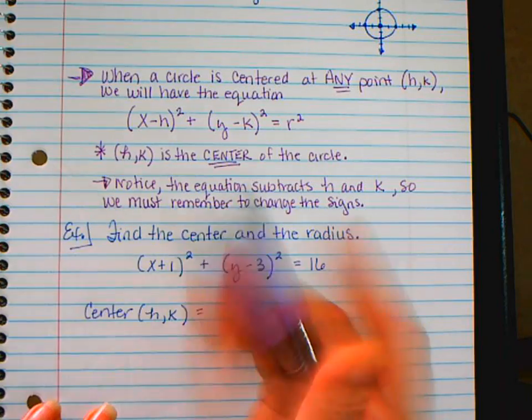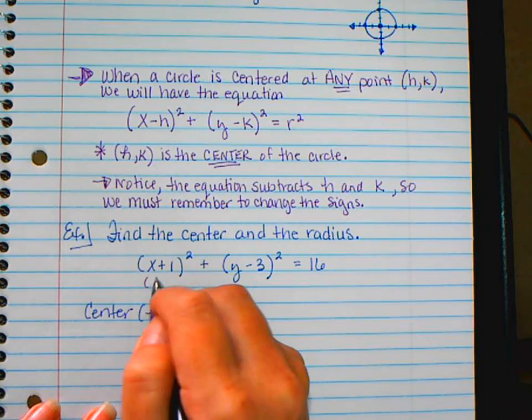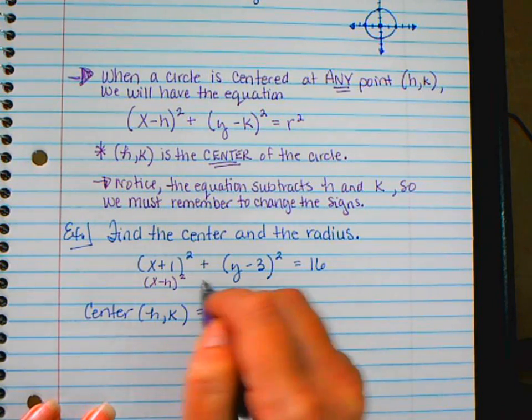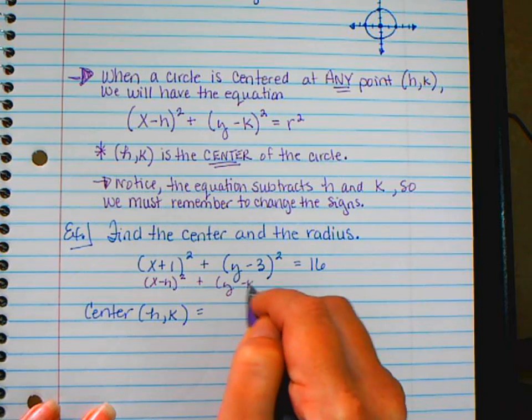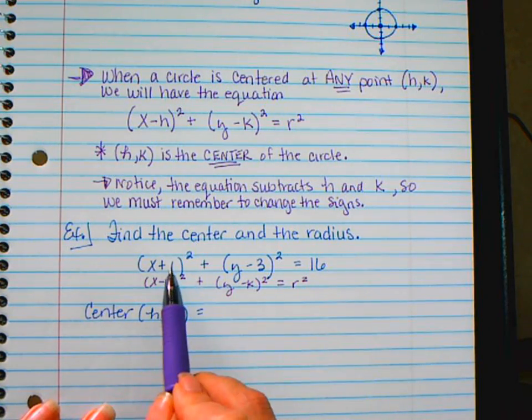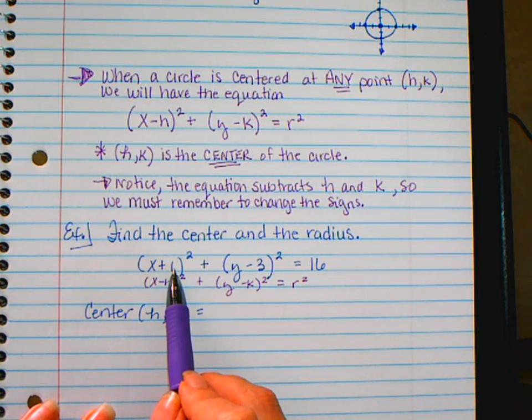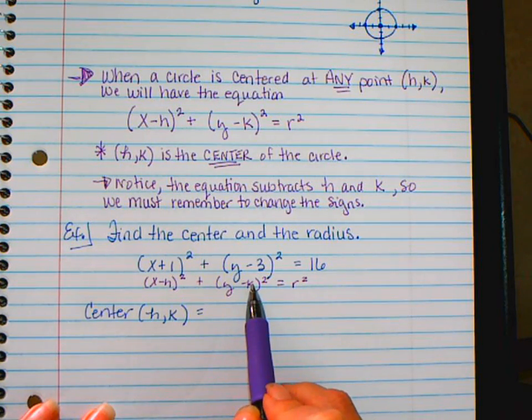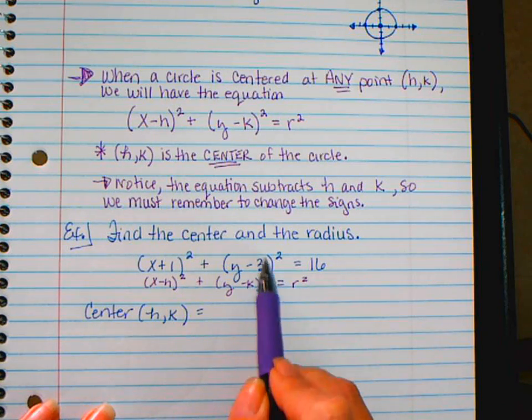Because if we write the formula right under it, it's (x minus h) quantity squared plus (y minus k) quantity squared equals r squared. So your h would be originally negative 1 if it turned into a positive 1 in the problem. And your k would originally be positive 3.